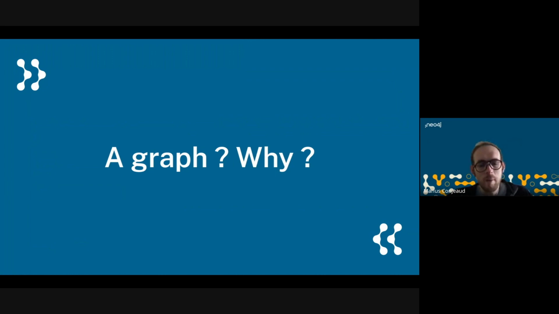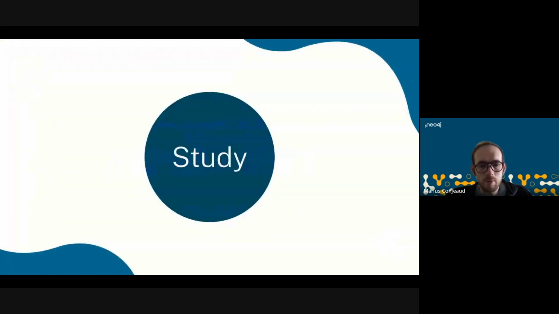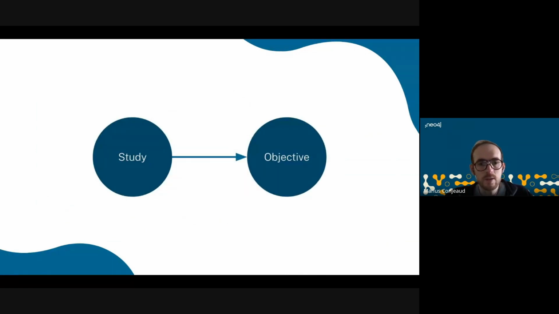So let's look at the data that we have inside of the metadata repository and the study definition repository. Let's start from a study. That looks like a single object, but if you zoom in on exactly what you have inside of the study in terms of components, you will have many components. Let's take a first example, the objective.